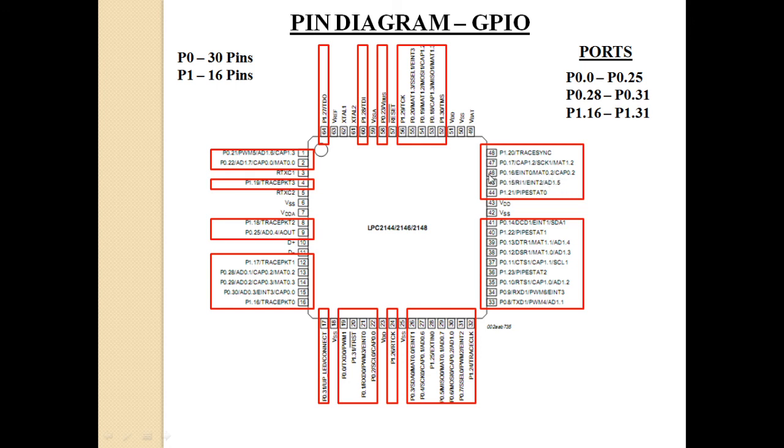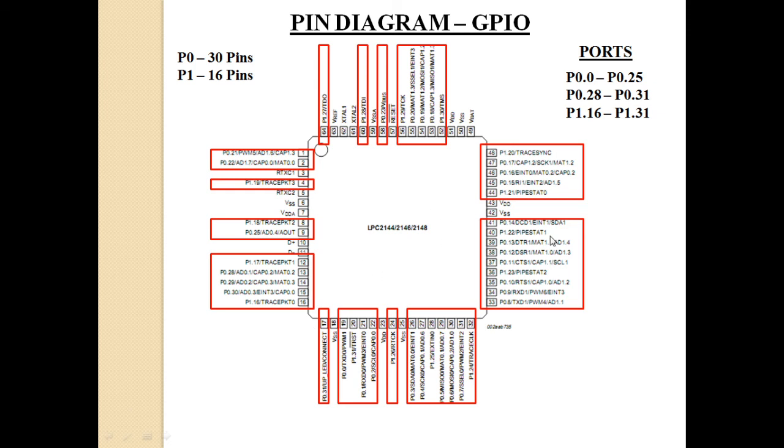So actual pin number 46 can be configured as general purpose input pin P0.16, or external interrupt pin 0, or match pin 2, or capture pin 2. That means 4 functionalities are multiplexed into a single pin. Most of the pins have multiple functionality.